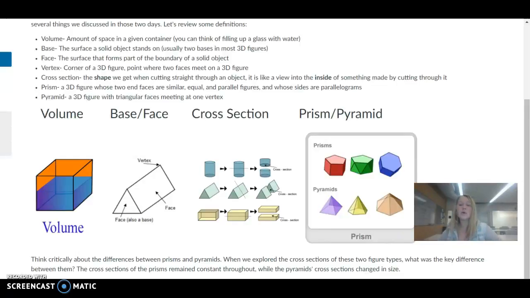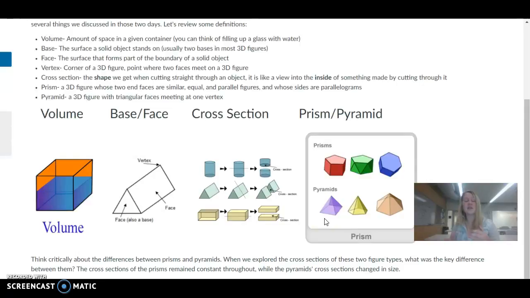So, when we explored our cross sections of pyramids and prisms, what did you guys notice? Do you guys remember? What happens when we cut a pyramid in half right here? What is our cross section going to look like in relation to what our original base is? So if we were to cut right here on this pyramid, how is it different than this base of our pyramid?